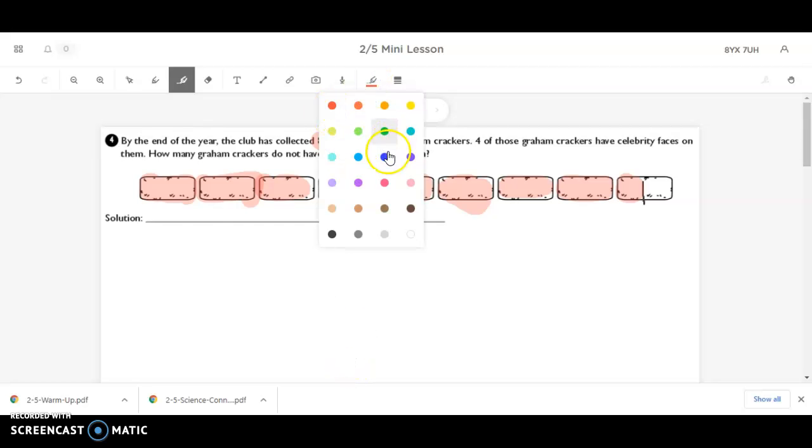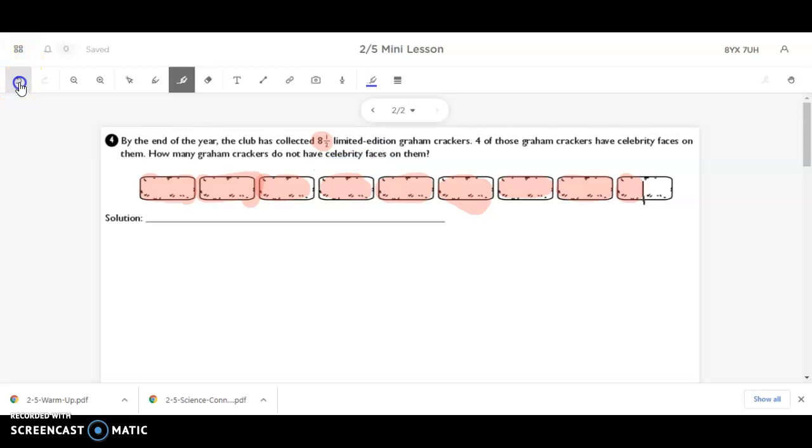So here I can even start putting in the fact that 4 of these have faces. I'm coloring it a different color so I know that. So let's see, we're saying that 8 1/2 minus 4 whole graham crackers.